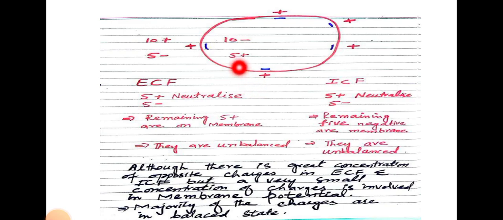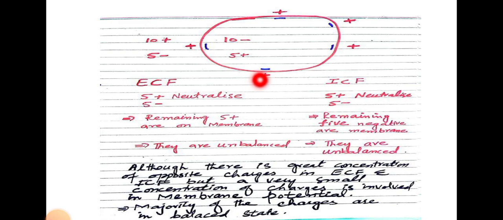And similarly, inside the cell, 5 positive would balance the 5 negative, and remaining 5 negative inside the cell would come close towards the cell membrane, and unbalanced outside and inside, they get separated, and there is a sort of attractive force between them, because we know opposite charges attract one another and similar charges repel.